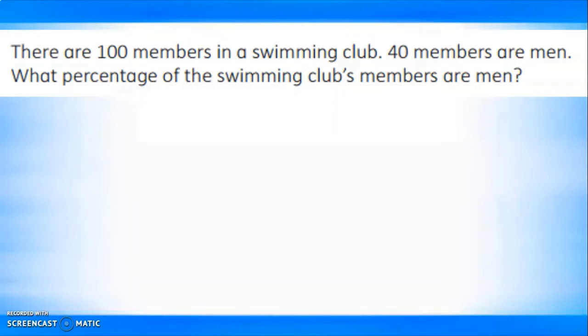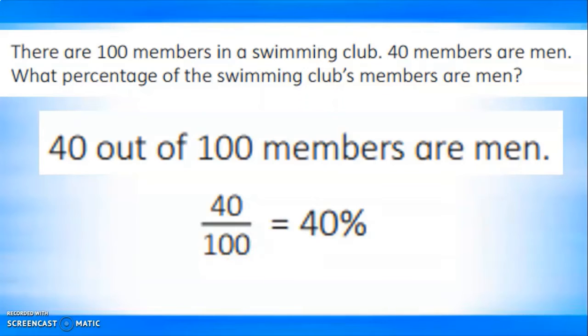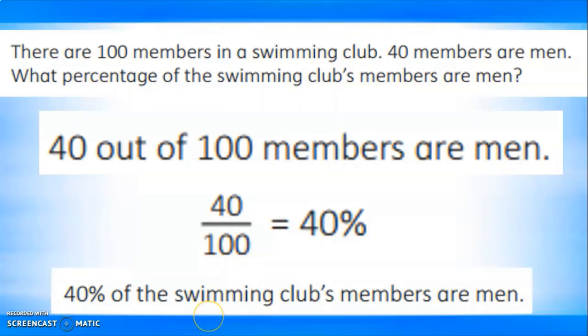Another example, there are 100 members in a swimming club. 40 members are men. What percentage of the swimming club's members are men? So men, we have 40. 40 out of 100. If we're going to write that into fraction, we have 40 over 100. How many percent is this? Very good, 40%. Therefore, 40% of the swimming club's members are men.